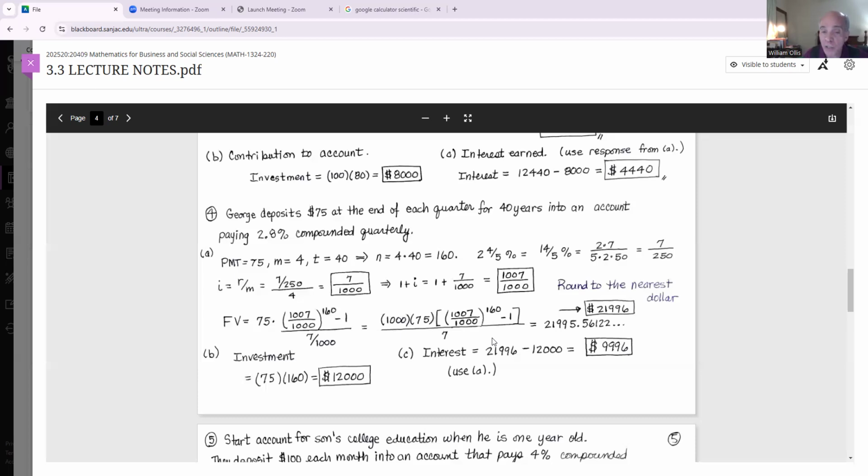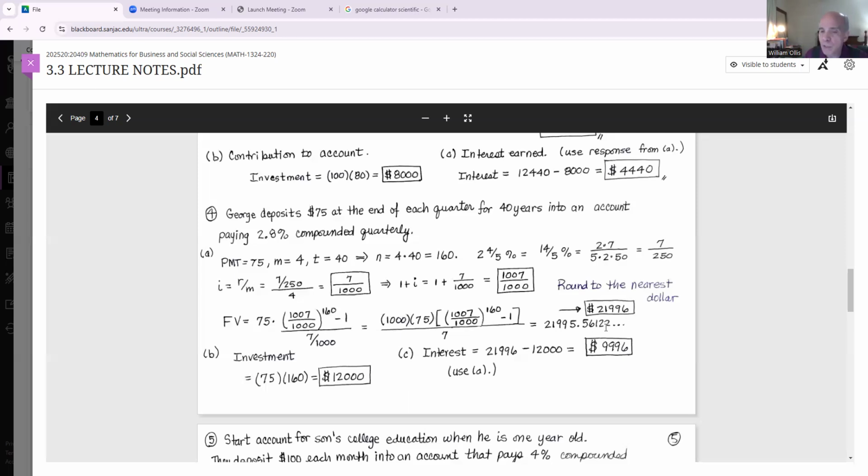But you can actually do this if you use your parentheses. So you can start out with parentheses to actually compute this, the exponential term minus the 1, then multiply by the 1,000 and the 75 to give you one number. And then divide that one number, which is unrounded, not truncated, not rounded, you divide by 7.